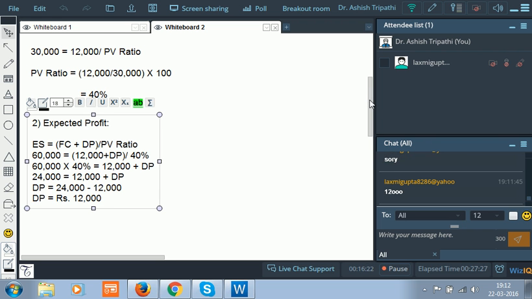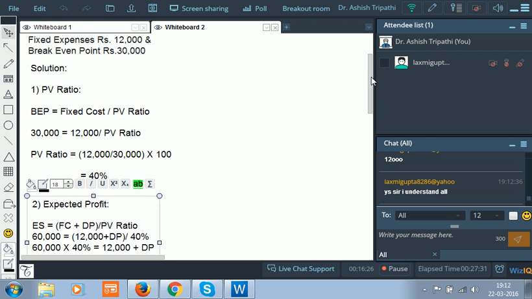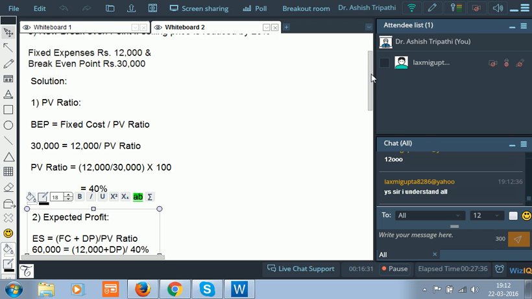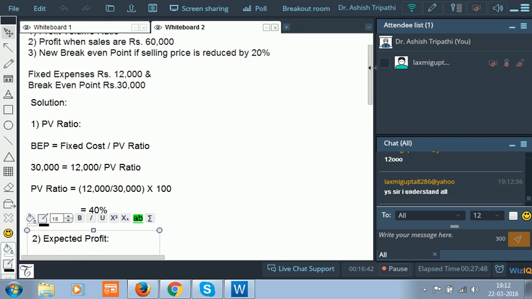The next thing that we will have to calculate, the third thing, break-even point. Okay, the third thing is new break-even point if selling price is reduced by 20%.